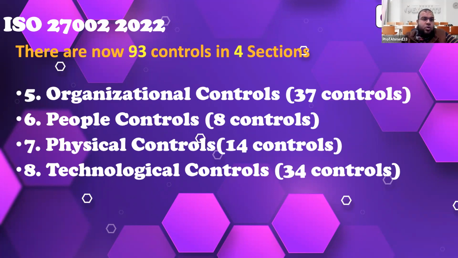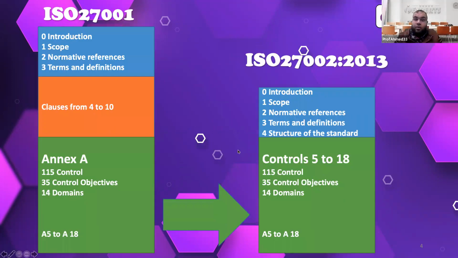Let's answer this question super fast because it must be crystal clear for everybody. Let's start here with ISO 27001. In ISO 27001, you can find that we have introduction, scope, normative references, terms and definitions. And these are the main sections.